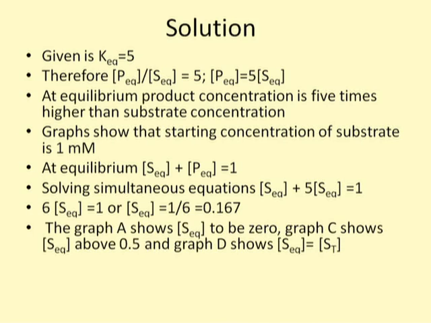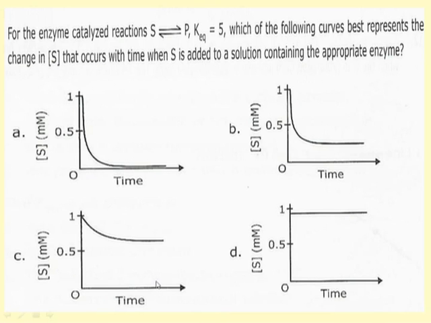So we go back to the graphs and see that in graph A, the substrate concentration almost becomes 0. In graphs B and C, the substrate concentration is above 0.5. This, of course, we have already ruled out.